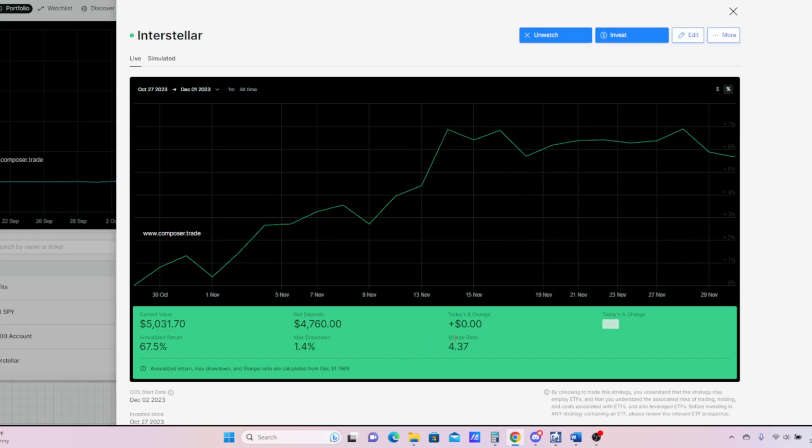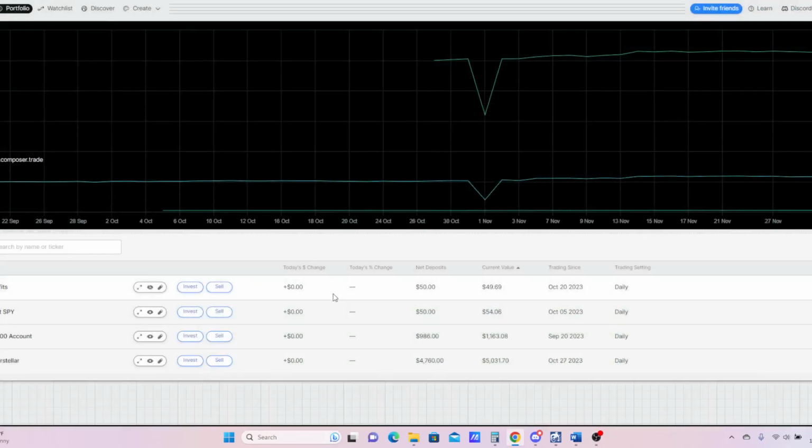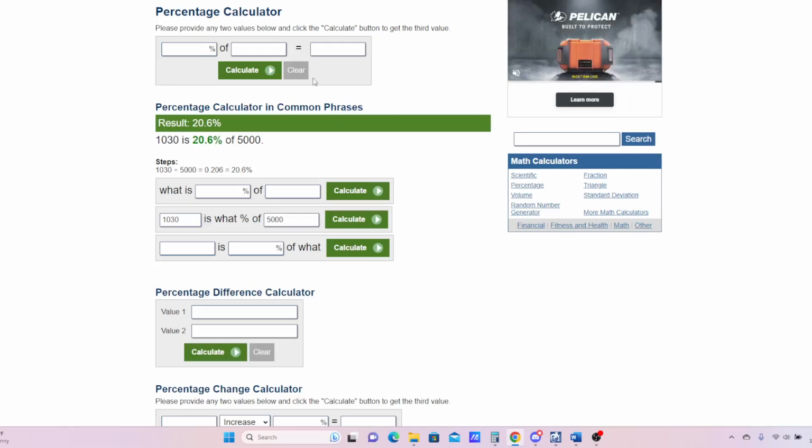And my Sharpe ratio currently is 4.37, and that's really all I care about. This annualized return is going to change all the time, so I'm not too worried about that. That's why I use a master symphony, because I want to see my equity curve and the stats on it. So in terms of position sizing, that's pretty much how I calculate that stuff.